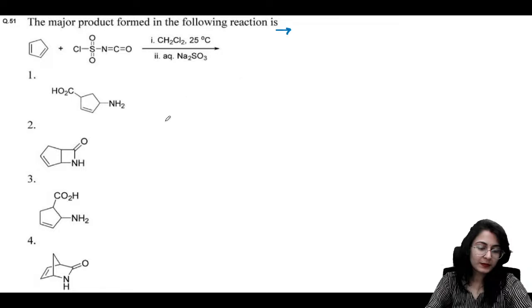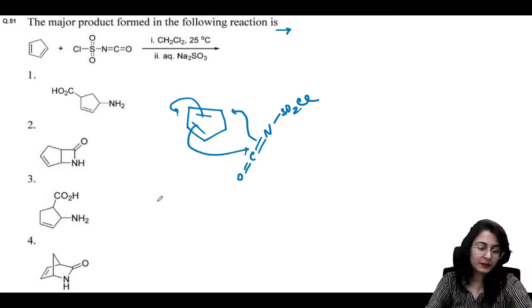This one. Very, very simple. So basically, this molecule is going to react with the nitrogen and the carbon double bond. SO2Cl is going to be as it is, so this is going to react with it. After that, it's going to give you simply this molecule. It's a simple cycloaddition reaction.